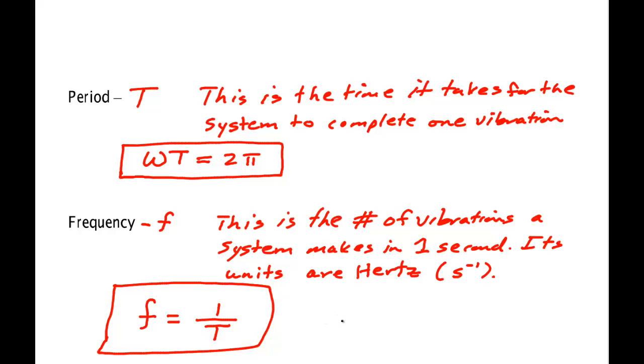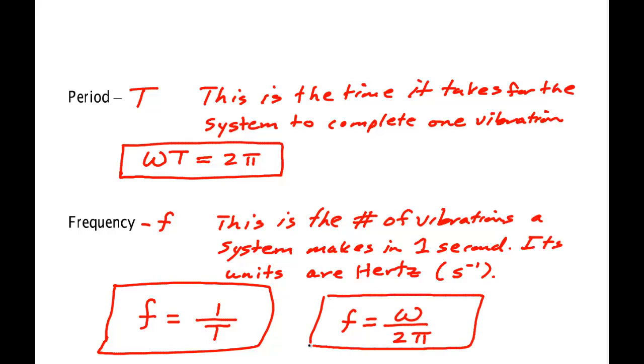For instance, f is related to omega by dividing by 2 pi. I get that by looking at these two equations here. So, there are many equations that you can get. These are the three important ones that you should know.